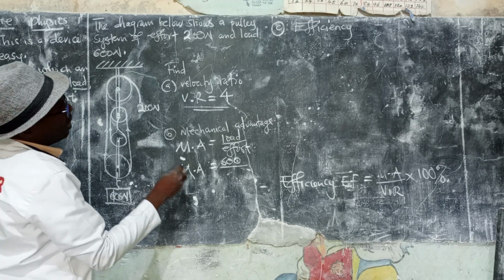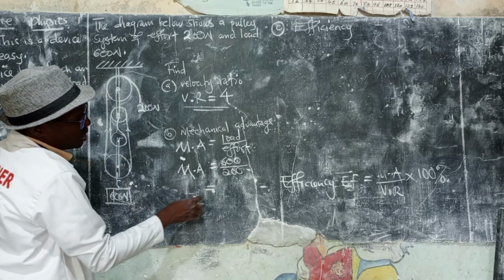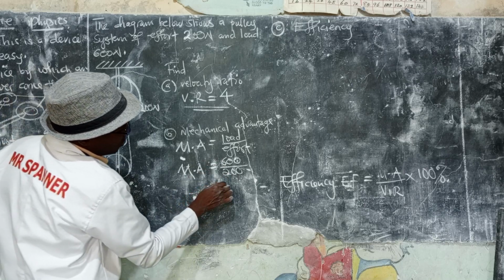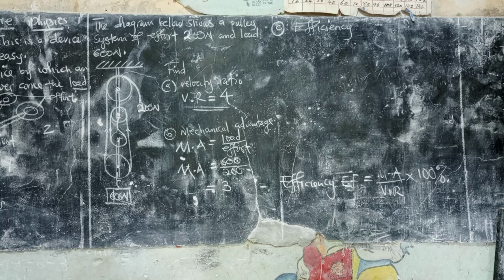So our mechanical advantage is 600 over 200, which is 3. Again, there is no 3 newtons. It's just 3. There are no units when it comes to these. Leave it like that.